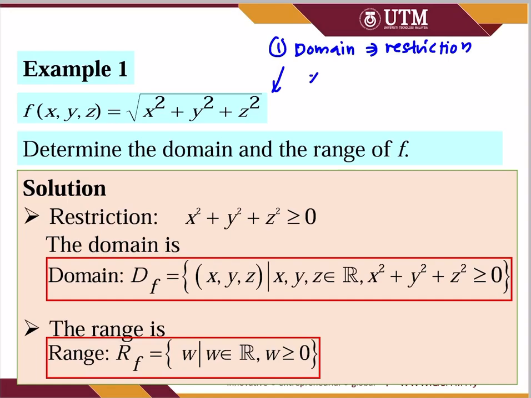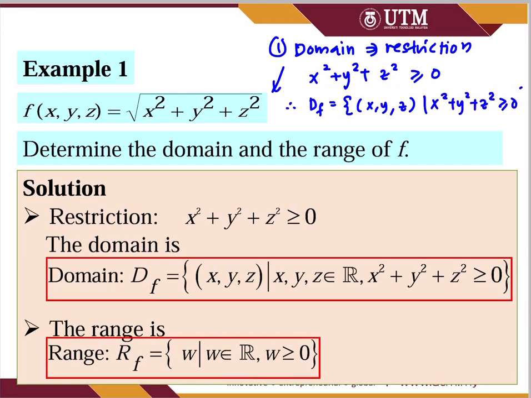The restriction for the square root is that it must be greater than or equal to 0. Therefore this is our domain, subject to the independent variables, such that x squared plus y squared plus z squared is greater than or equal to 0. So that is our domain.